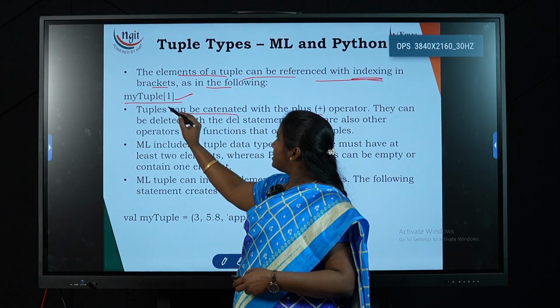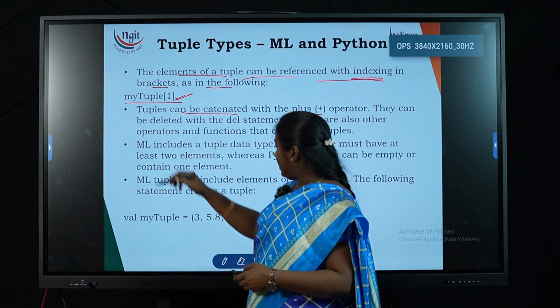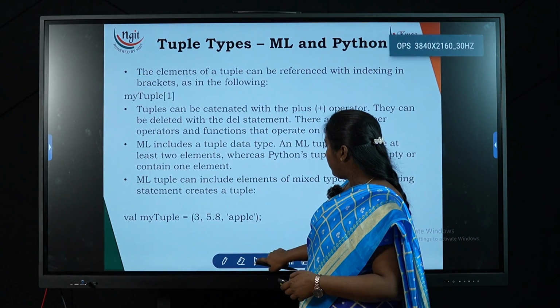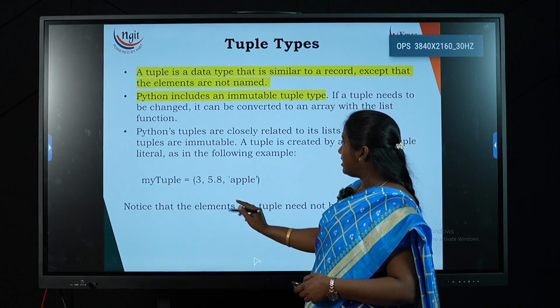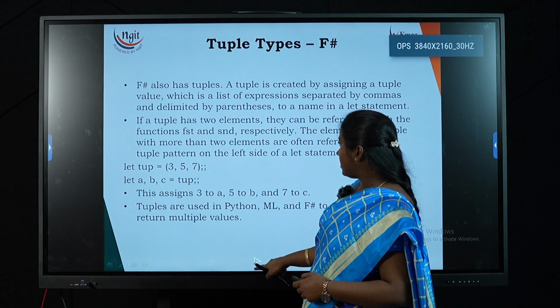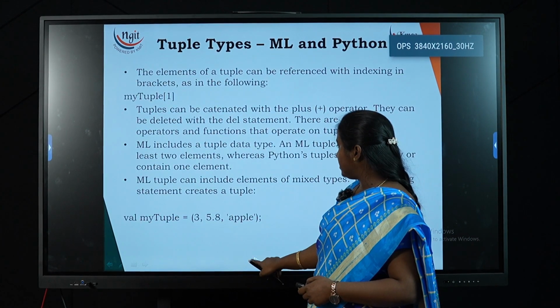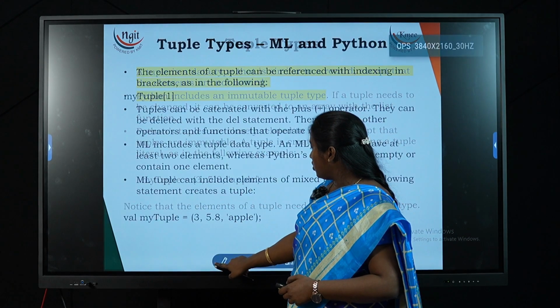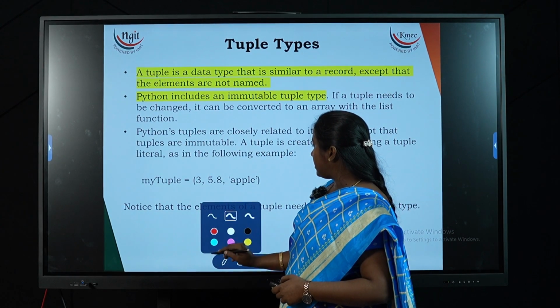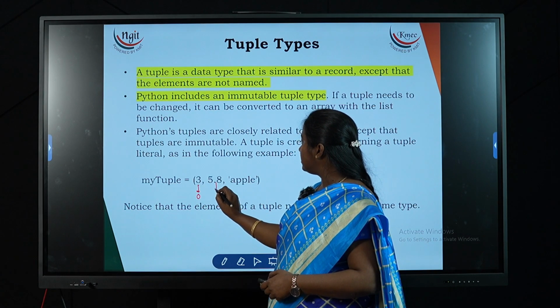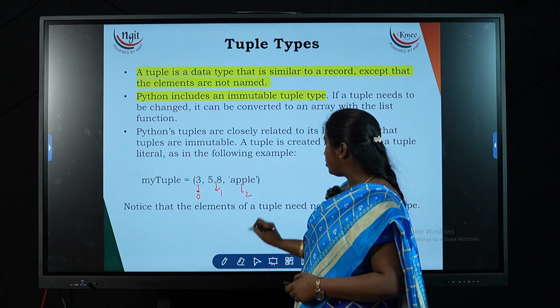In the example of myTuple, earlier we showed how it is created: 3, 5.8 and apple. If you want to access an element, this one is indexed with 0, this is indexed with 1, this is indexed with 2.